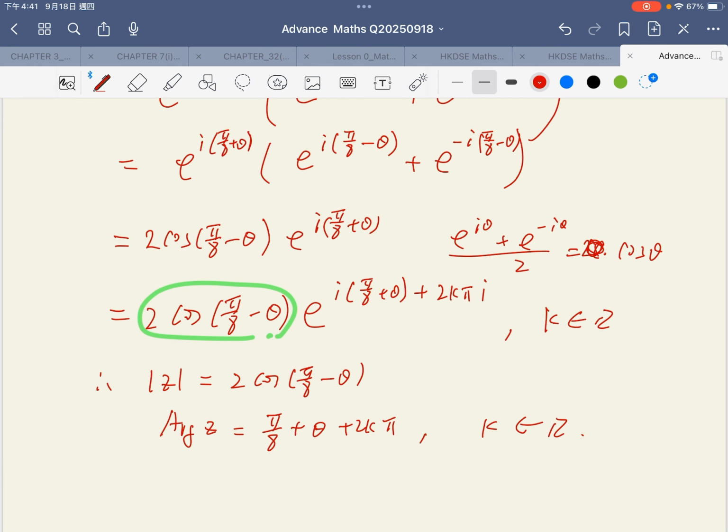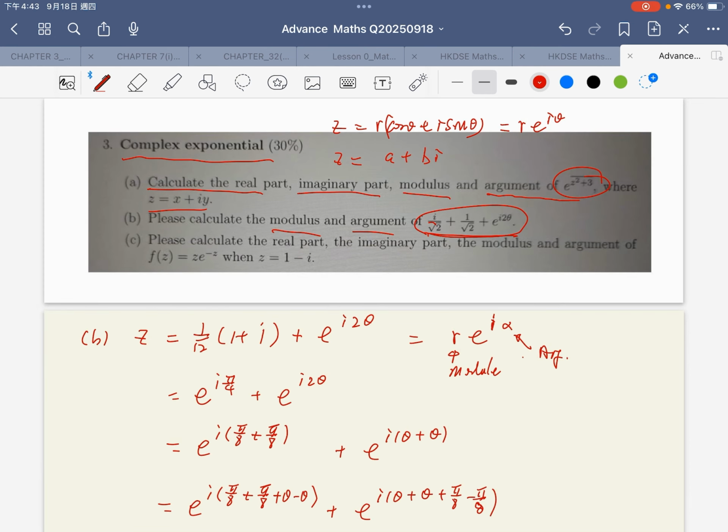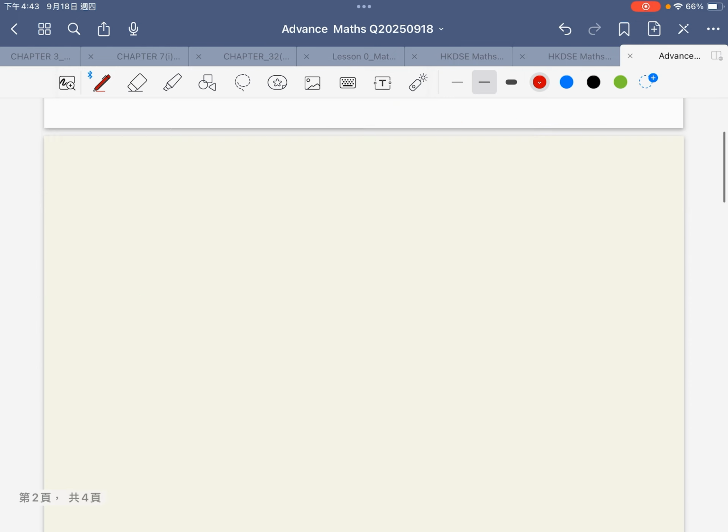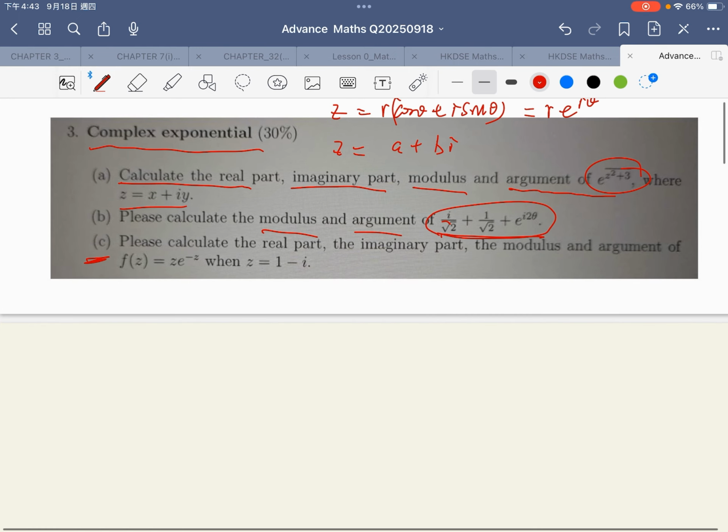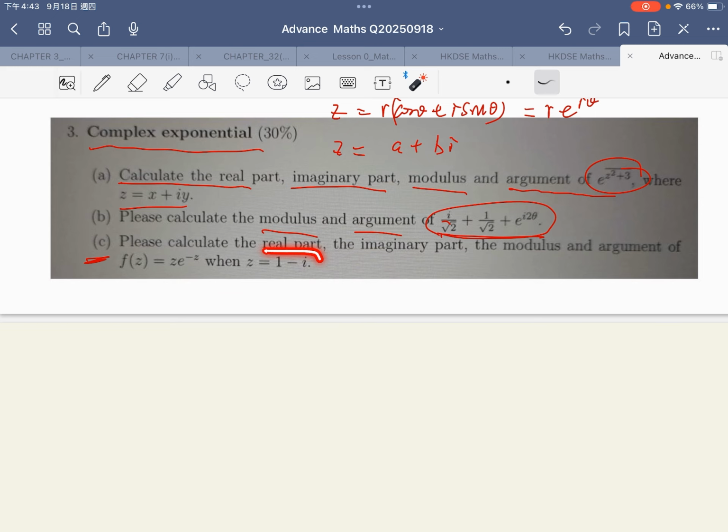Then for the final part, let's go to part C. I open a blank sheet. Write down the real part, imaginary part, modulus and argument of this function, if z is 1 minus i. I think it is a very easy question. f of z equals e to the power of negative 1 plus i, times 1 minus i.